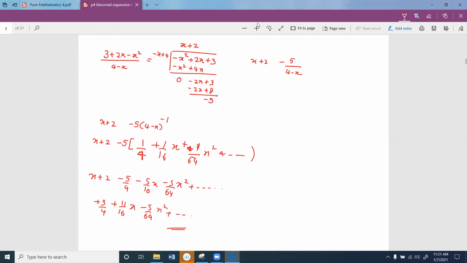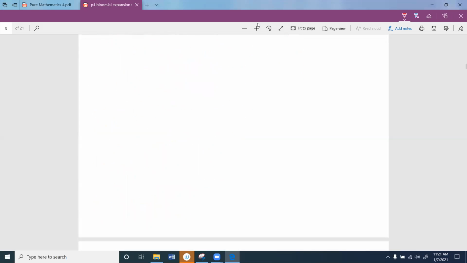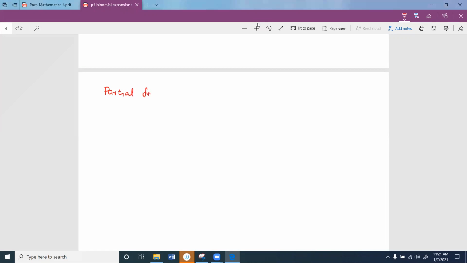Okay. Then the next fact is how to use partial fractions to obtain a binomial expansion. Later on, I'll use the boundary conditions at the end. Partial fractions for binomial expansion.